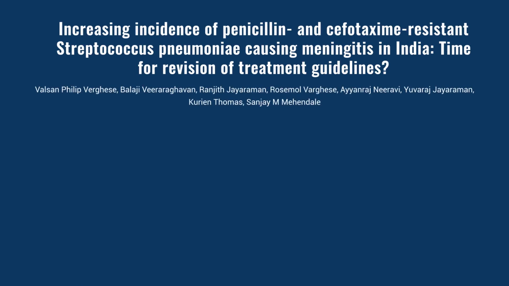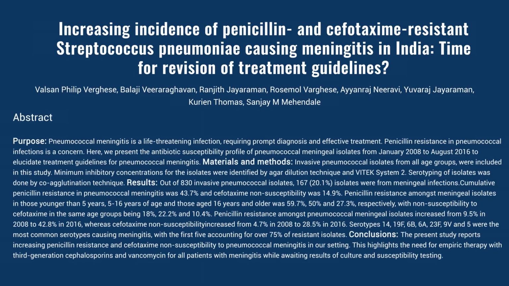Now, one of the main issues that you need to address when you treat pneumococcal meningitis, either empirically or after receipt of cultures, is whether the organism is sensitive to penicillin. We all know that historically, pneumococcus has been sensitive to penicillin, but in the last 20 to 25 years, there's been increasing resistance. This is especially a problem in the West. But in India as well, we have this problem, as illustrated in this recent paper published a couple of years ago.